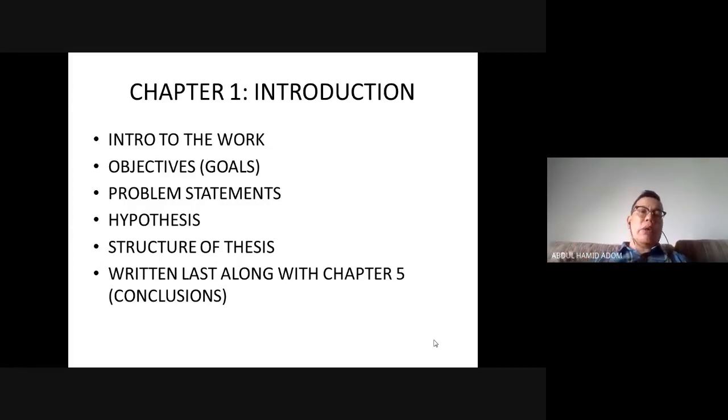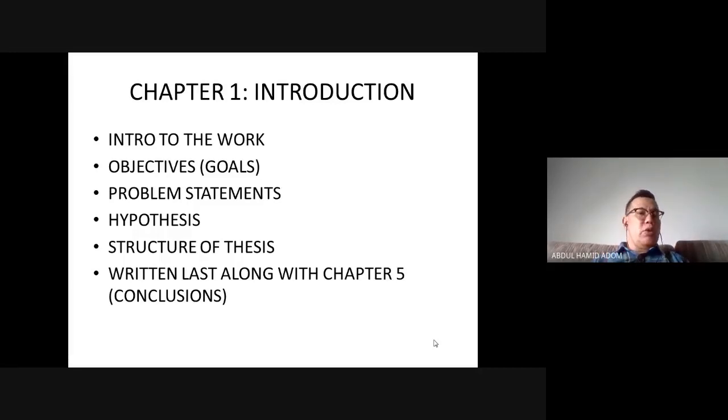So in our research, when we say objectives, it is actually the goal, and our methodology may be the way we go about achieving the goals. Okay, it also must have problem statements. What are problem statements? Problem statements are usually the motivation why you do the research. For example, you're trying to solve something.